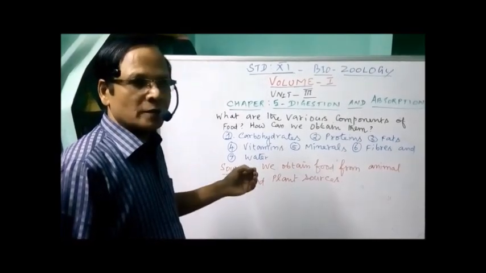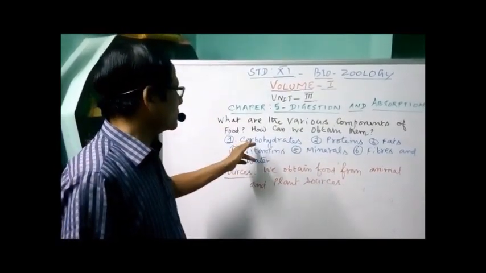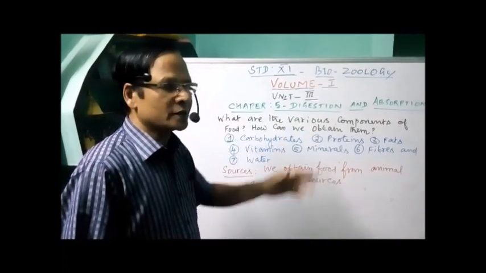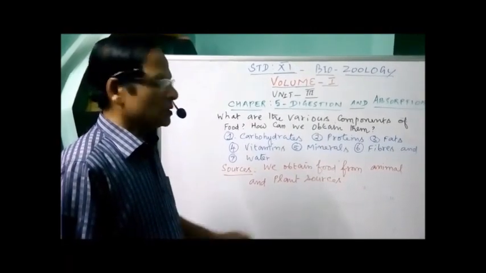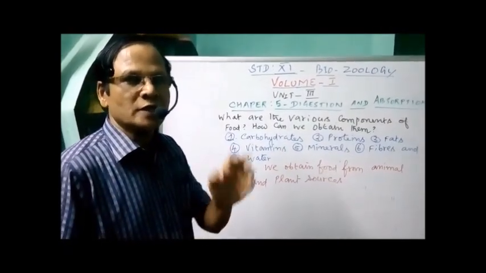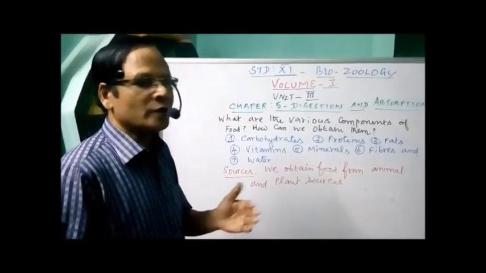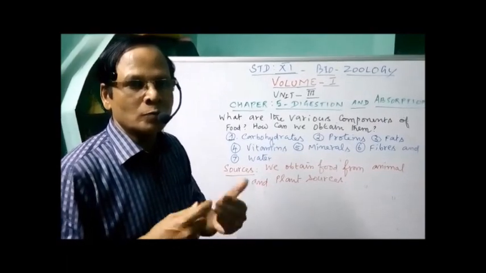Vitamins and minerals are the minor components; they require only trace amounts. Carbohydrates, proteins and fats are the major components; they are required in large amounts. Vitamins and minerals are the regulators of the body. Along with them are fibers, responsible for normal bowel movement.